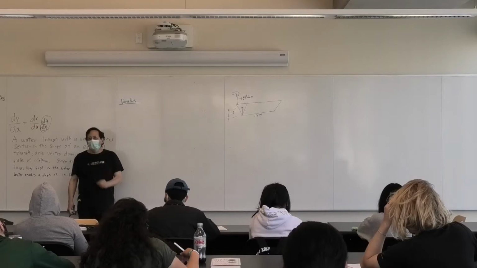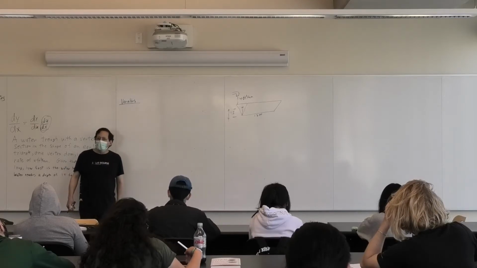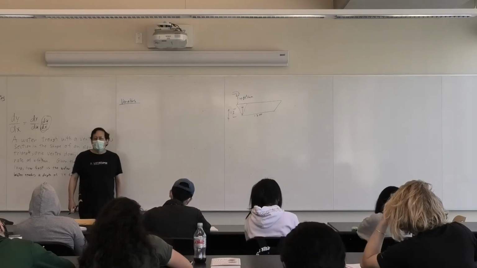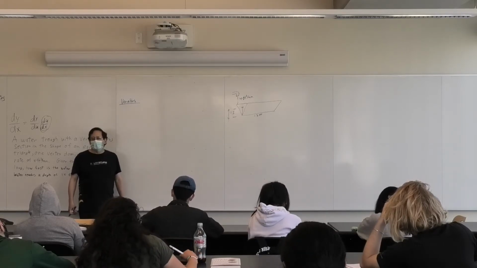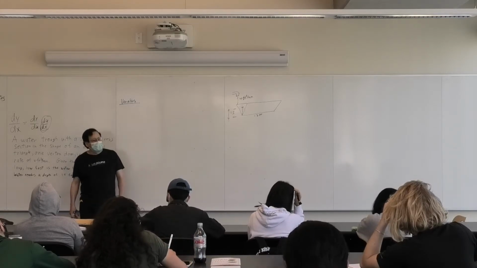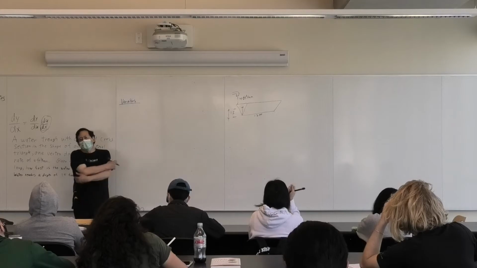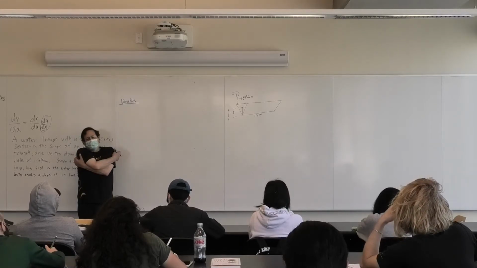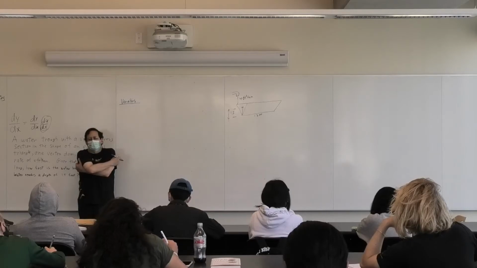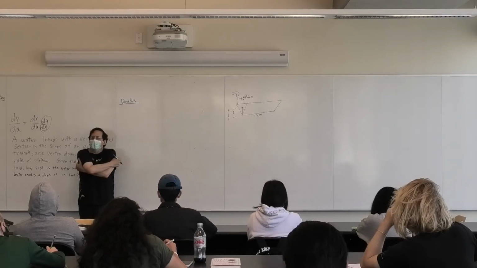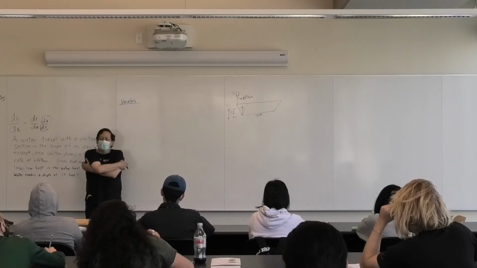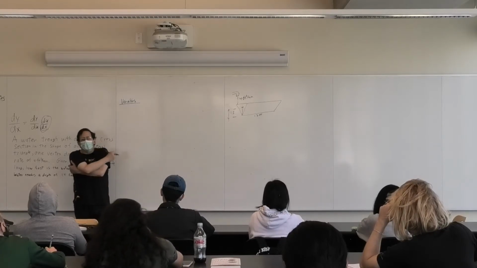Horses, hooves, how many hooves, how many troughs? I mean, that's a good place to start, right? What are the variables here? Somebody give me a variable. I want a variable.